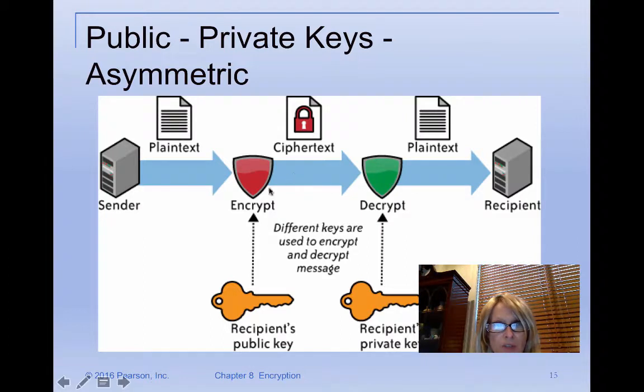So if we look at this particular example, the sender has some plain text. They encrypt it using the public key. It goes over as ciphertext, but the receiver has this private key that they use to be able to decipher it. Two different keys, public and private.